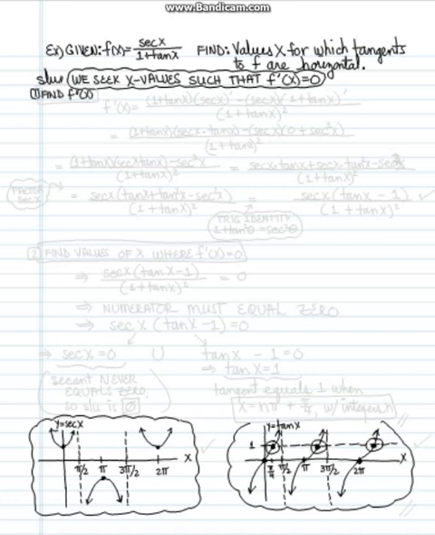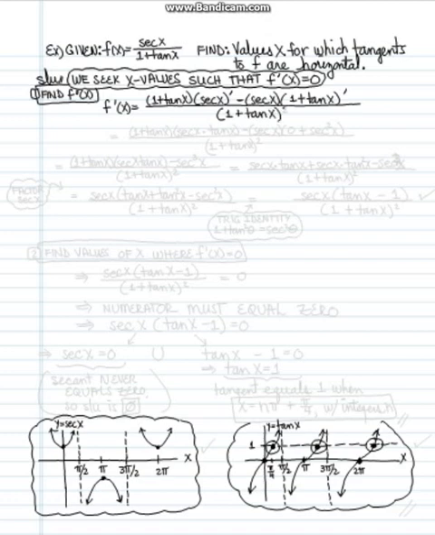So step 1, let's find f prime of x, this function of x that defines the slope of the tangent line. We'll be using the quotient rule here. F prime of x is equal to the bottom times the derivative of the top minus the top times the derivative of the bottom over the bottom squared.